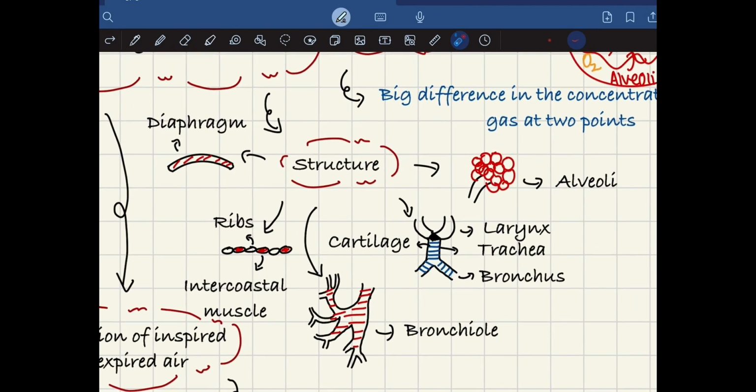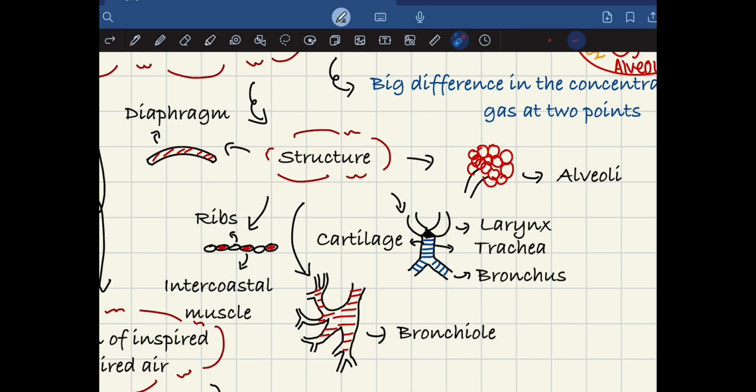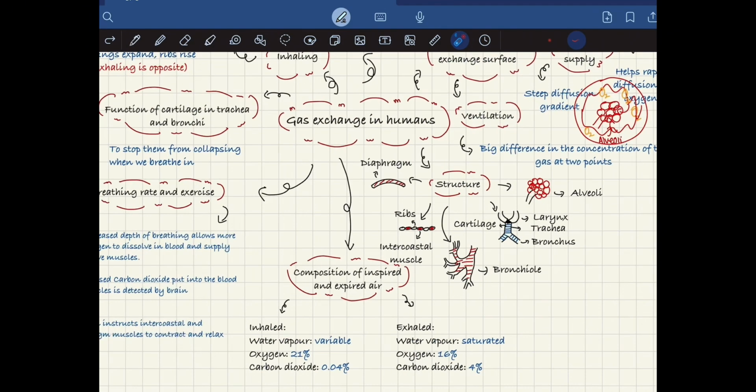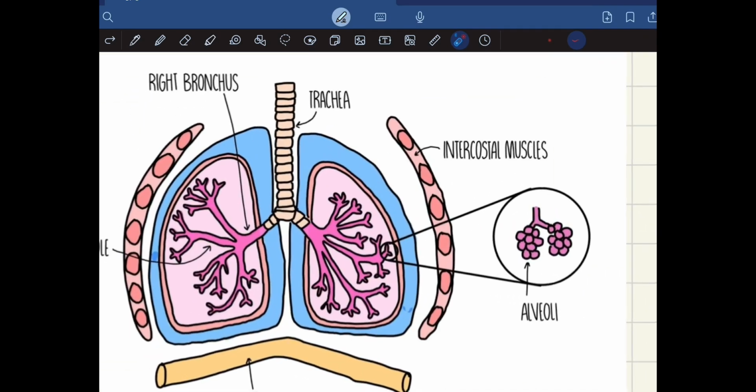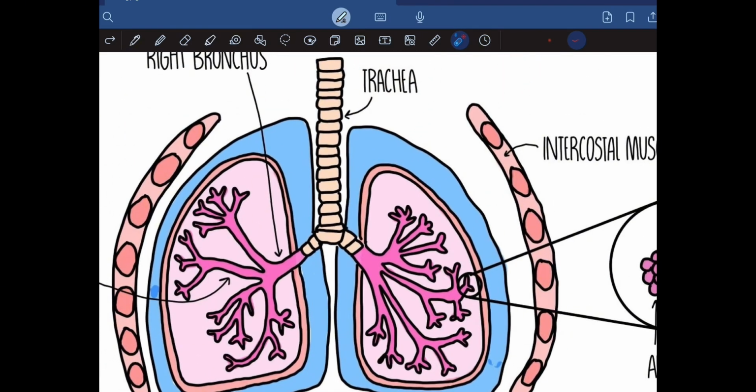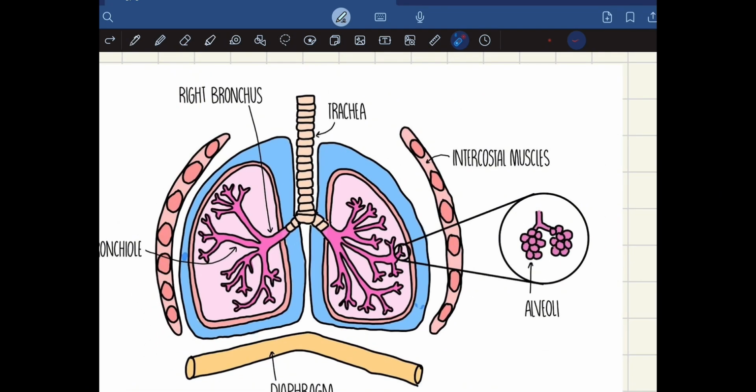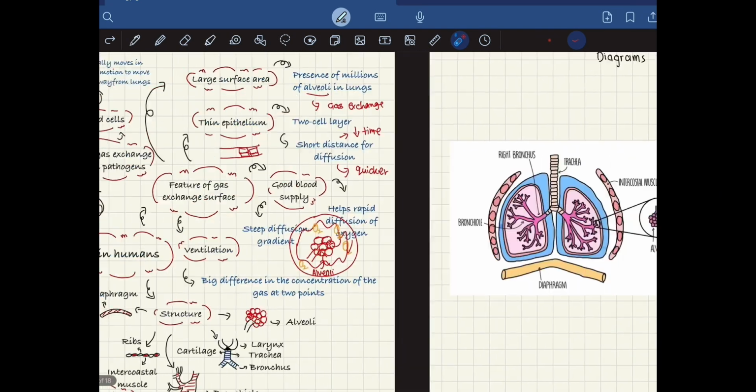So next is the structure. Over here we have alveoli, which look like broccoli, I guess. That's the closest image I can think of. And then over here we have this part. I will show you where this is located. In this diagram they did not show you the larynx.